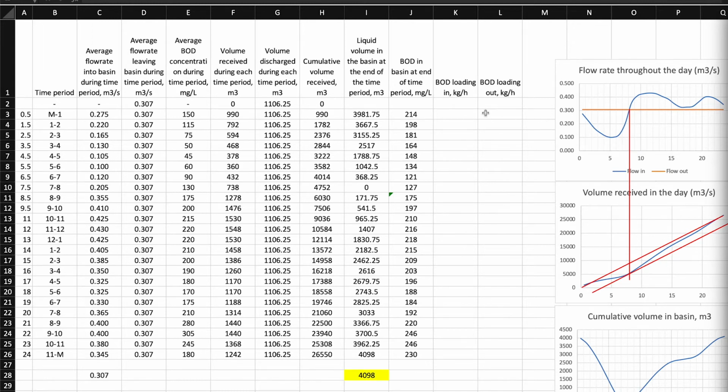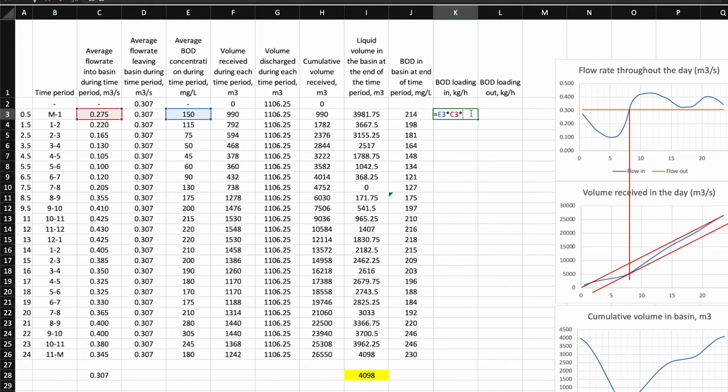All right, so that's just equal to the concentration coming in multiplied by the flow rate. And then we just need to correct for the units. So the flow rate has units of cubic meters per second, and the concentration has units of milligrams per liter.